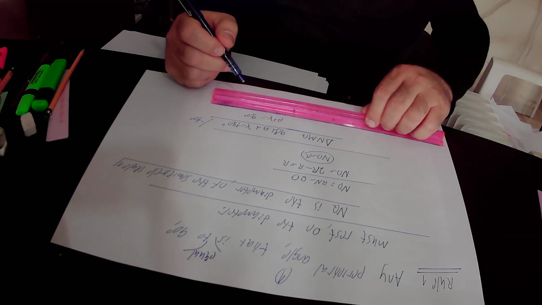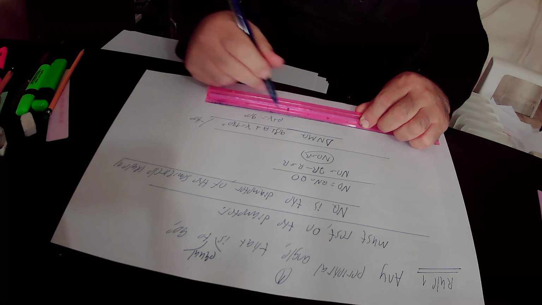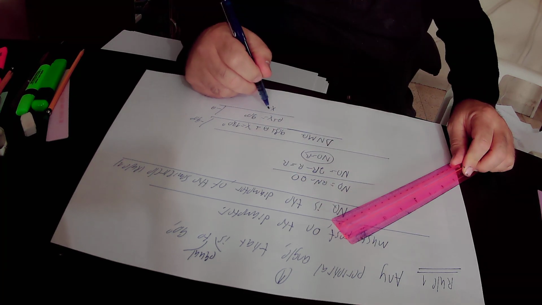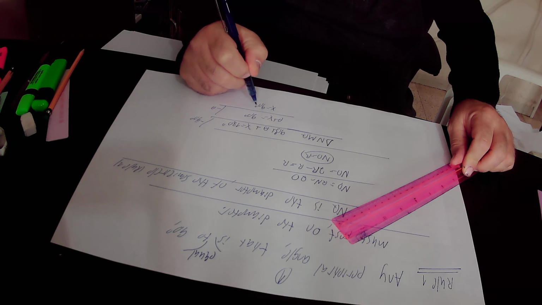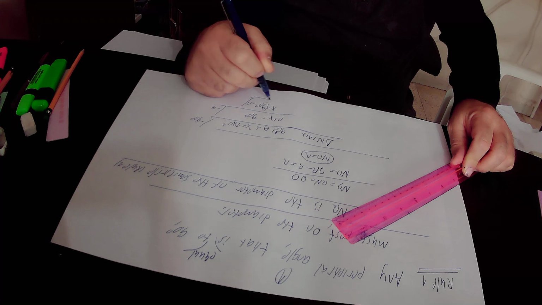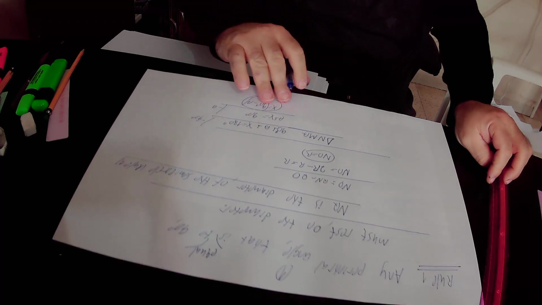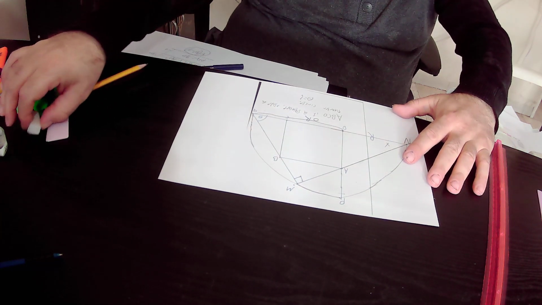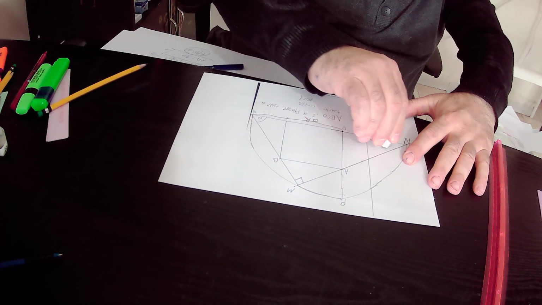We'll subtract theta from this equation, and we get that angle X equals 90 degrees minus theta. So we found that angle X equals 90 degrees minus theta, so we substitute angle X by 90 degrees minus theta.